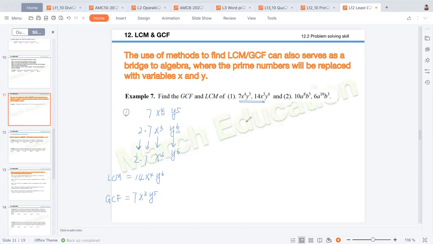You can use this method. You also can use this method. So yeah, it's 2.